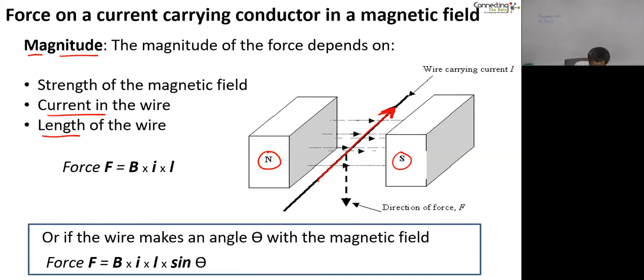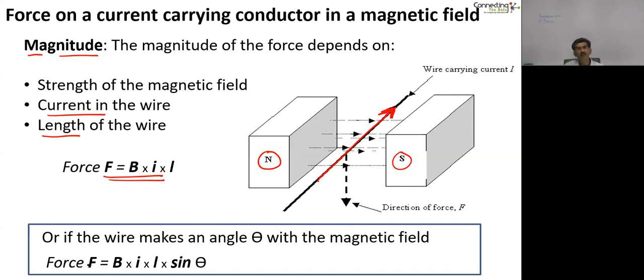So that leads us to this formula to calculate the force on a straight wire carrying a current when placed in a magnetic field. But if the wire makes an angle theta with the magnetic field, what is angle theta? Theta is the angle between the current carrying conductor and the magnetic field. So the formula can be revised and written as F is equal to B into I into L sine theta.